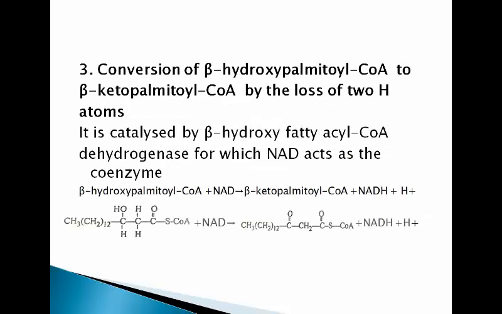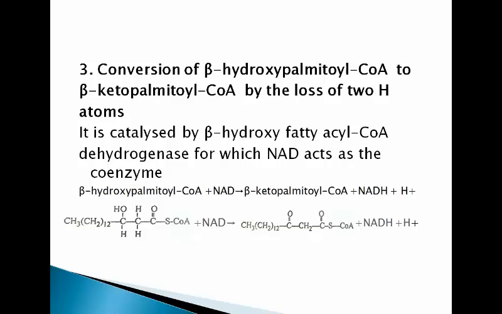The third reaction is the conversion of beta hydroxy palmitoyl-CoA to beta keto palmitoyl-CoA, and this occurs by the loss of two hydrogen atoms, which requires the coenzyme NAD and the enzyme beta hydroxy fatty acyl CoA dehydrogenase, which causes dehydrogenation and removes two hydrogen atoms from beta carbon.